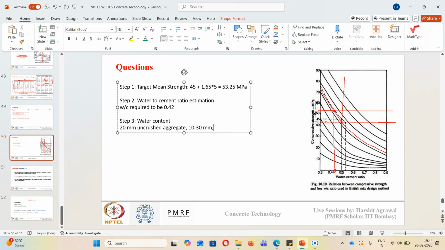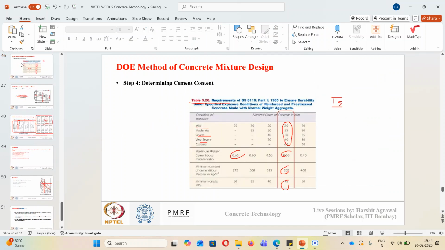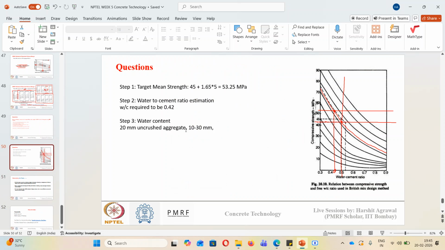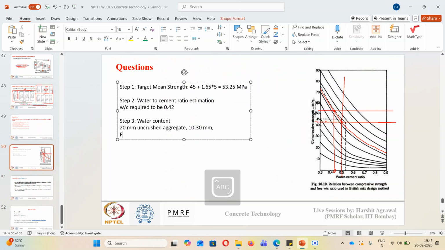Okay, so from this table that is given to us, for 10 to 30 and uncrushed 20 mm aggregate, my free water content required is 160 kg. Okay, so I will take free water content as 160 kg. Now since nothing is mentioned about addition of fly ash, so that third table we can ignore, the second table we can ignore for now.